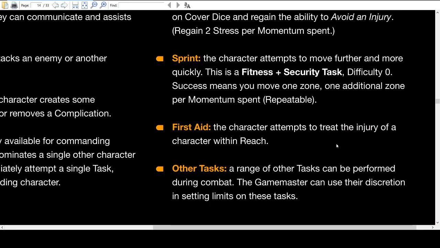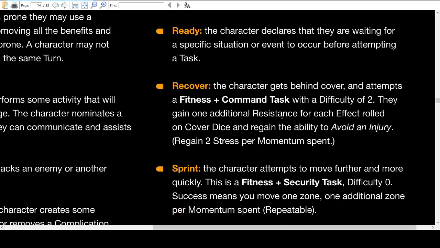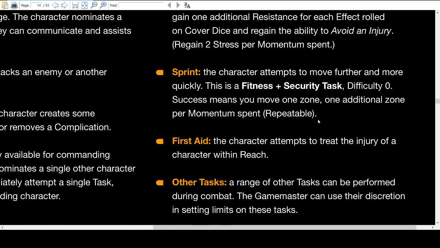So this definitely needs some clarification, like how does this treat injury thing work. I suspect it will be explained when we talk about damage, and maybe there will be more distinctions between first aid and say recover, because recover seems to have a more well-defined set of rules that comes with it, whereas first aid doesn't.